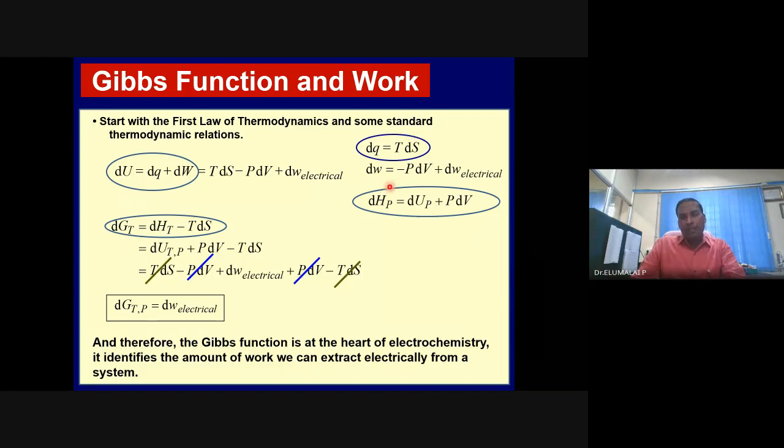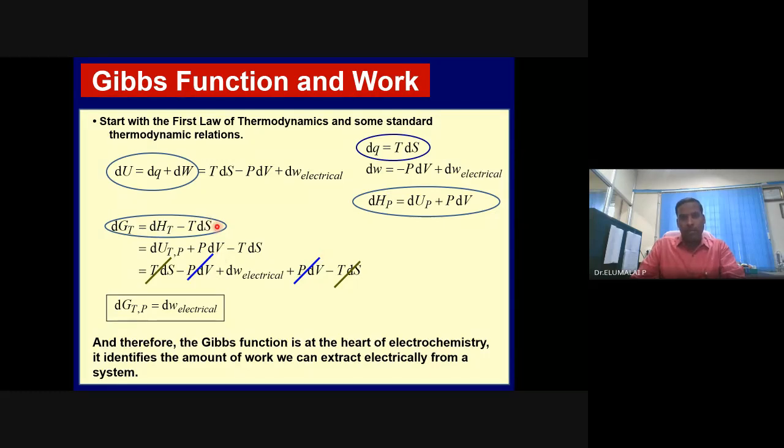So there are other versions of the first law and second law of thermodynamics. Then comes the Gibbs function. This is internal energy, work done by absorbing heat. So delta G, the Gibbs free energy, is equal to delta H minus T delta S. I do not want to go into the details.